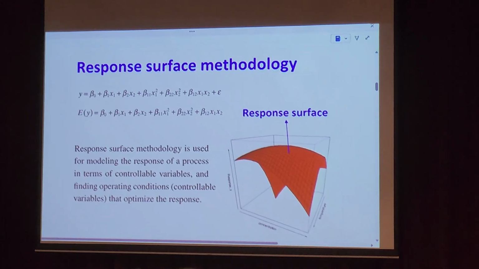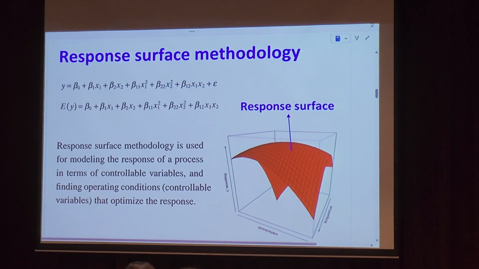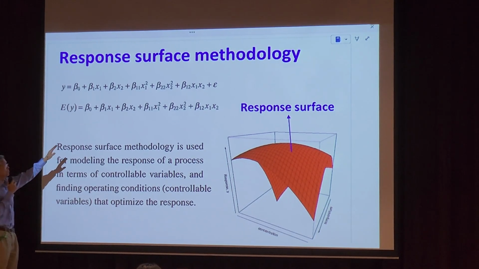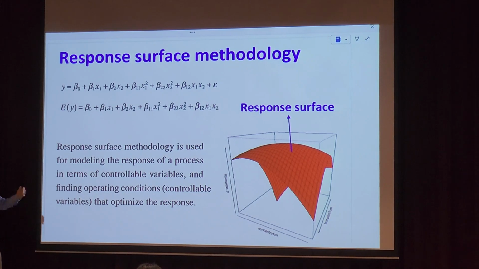So, if you look at this model here, this is a polynomial model in two variables. And let's say we fit it. You fit it just like any regression model.